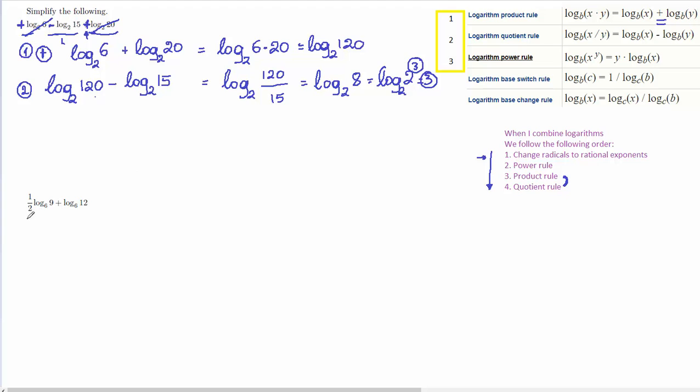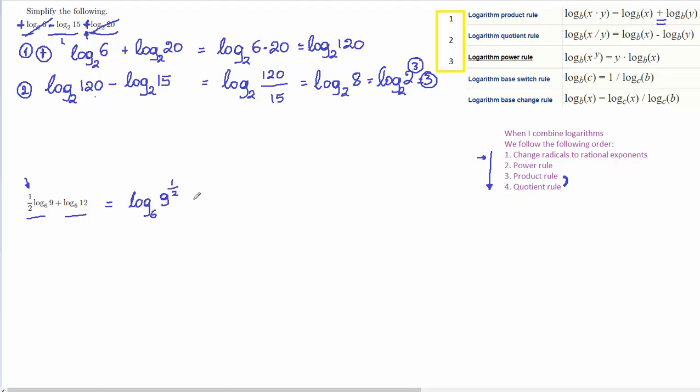Let's look at this problem right here. As you can see, there is no logarithm with a minus in front of them, so we shouldn't worry about the quotient rule. But there is a constant, the 1/2 multiplied by the log with base 6 of 9. So I should apply the power rule, and this gives me log with base 6 of 9 to the 1/2.